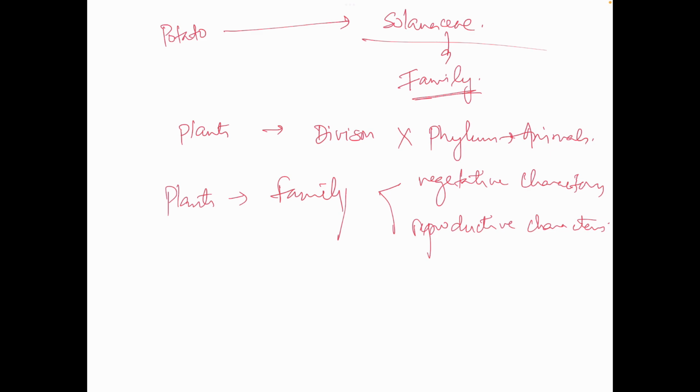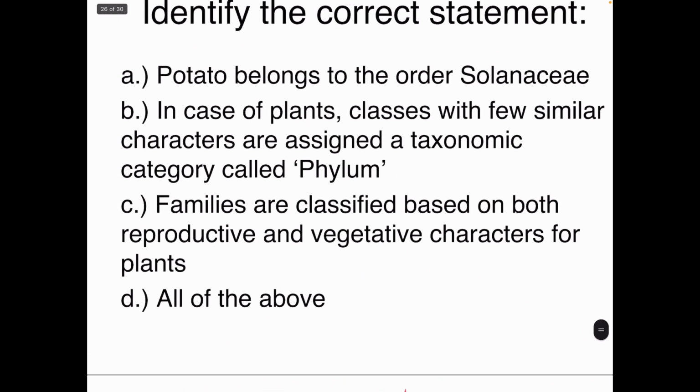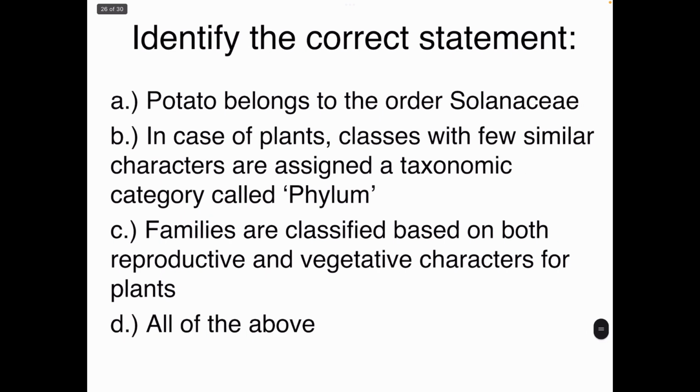Now let's get back to our question, okay. Potato belongs to the order Solanaceae. Everything about this statement is correct except the word order. Solanaceae is a family, it is not an order. This word makes this statement wrong, okay.